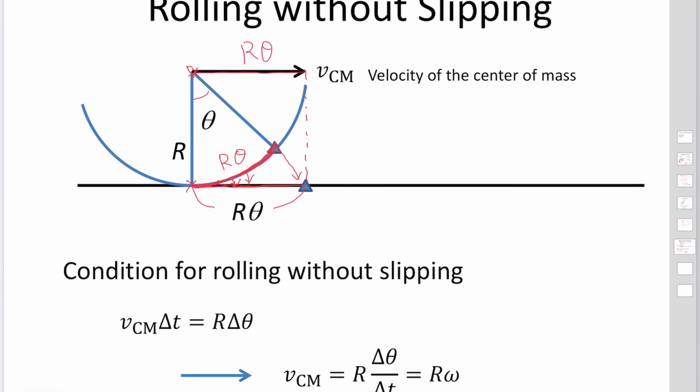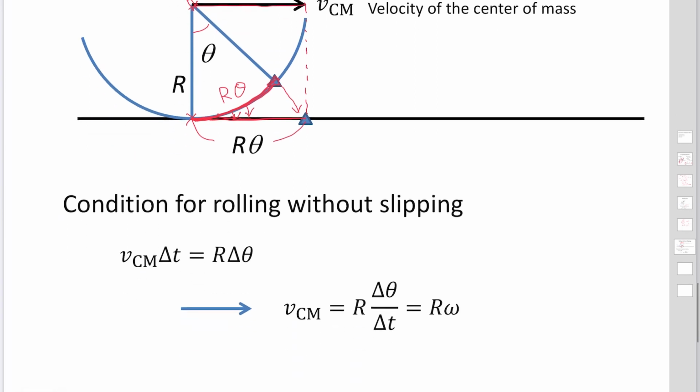So the condition for rolling without slipping, if you take a small change of time, is expressed as follows. The distance the center travels, v sub cm times delta t, is equal to r times d theta. This is going to be this length.